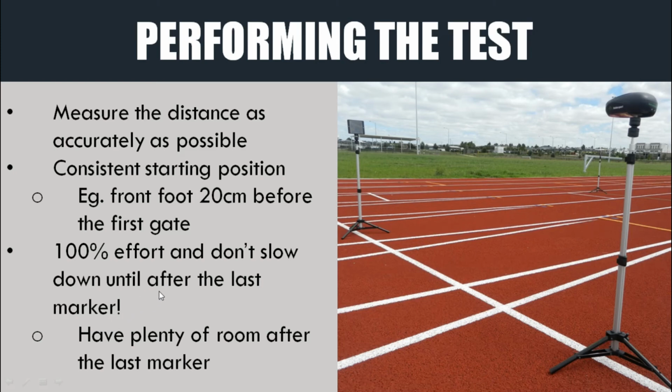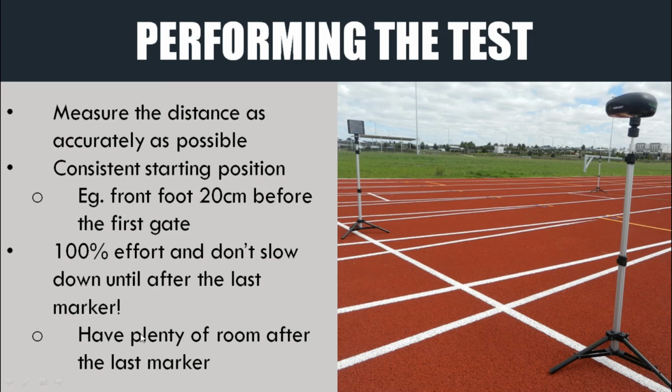They start slowing down 2-3 meters before they've passed the last gate or the last marker, which is going to influence their time. So you really encourage the athletes to make sure they don't slow down until they've passed the last marker. You might even put an extra marker a few meters past the last one, and tell them to run through there to ensure that they get past the last marker without slowing down.